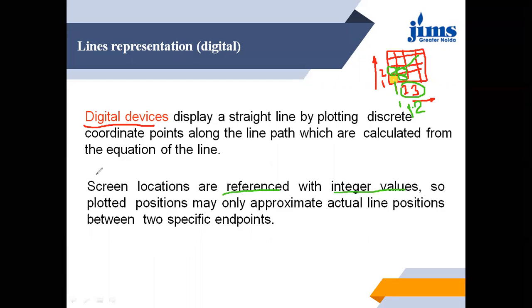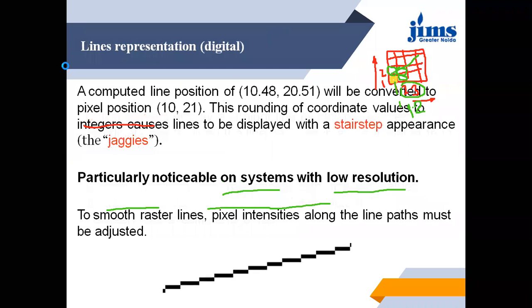So when we have to plot a line, the plotted position may only approximate the actual line position between the two specific points. It will be more clear from here.